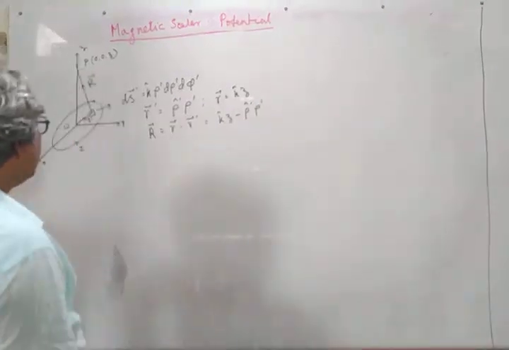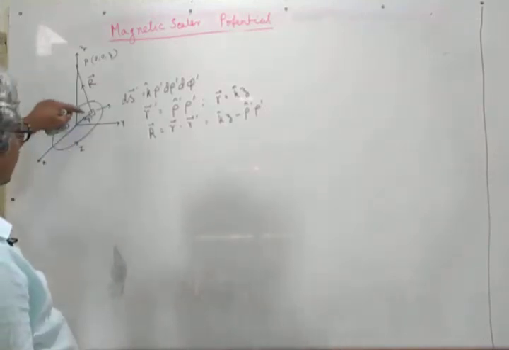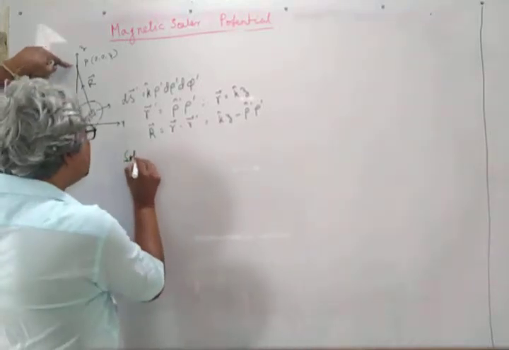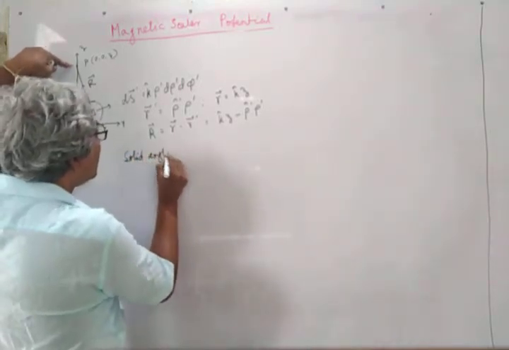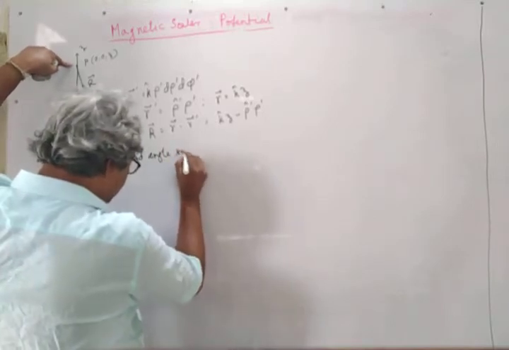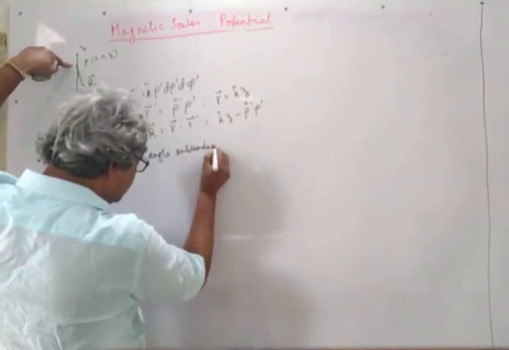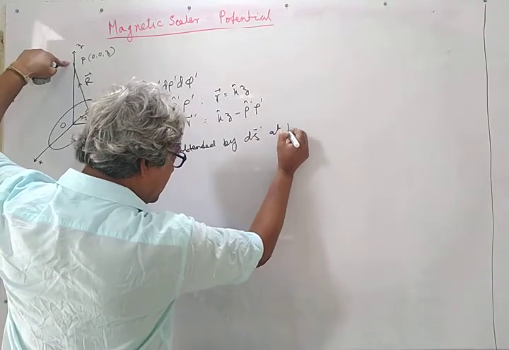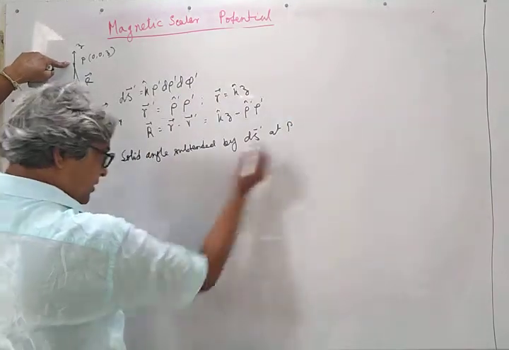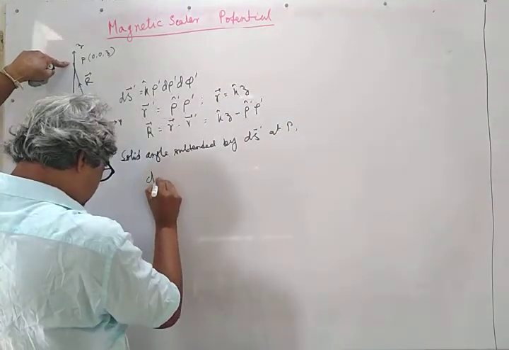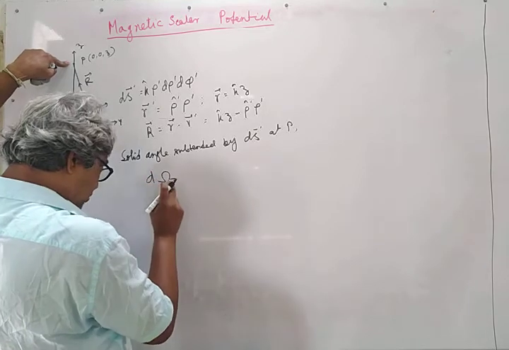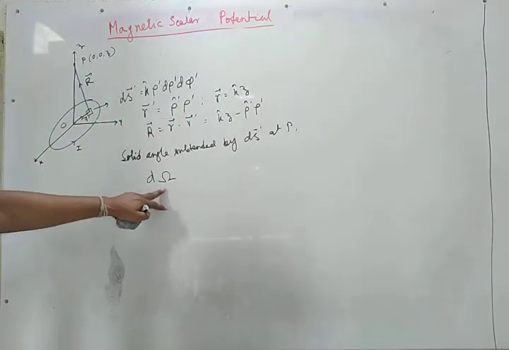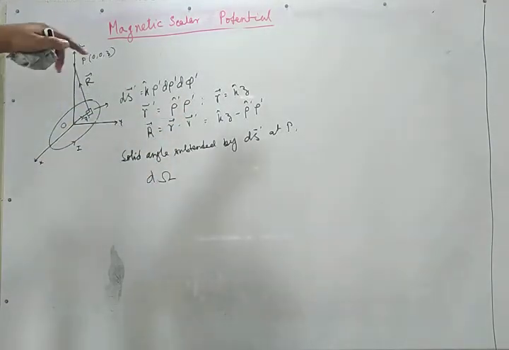And so the solid angle that is subtended by this area at point P. Note that this capital omega is not the same in the sense that we used in the earlier development.